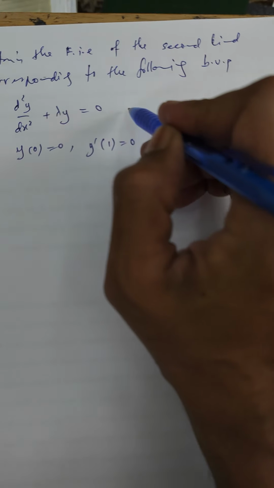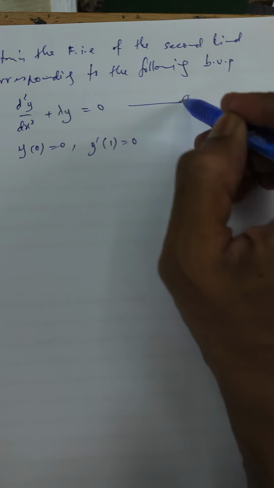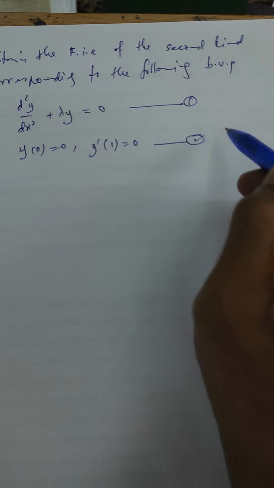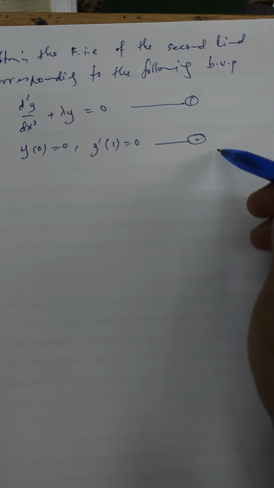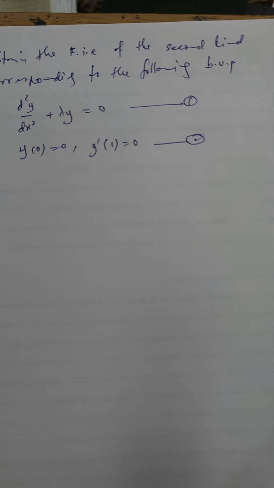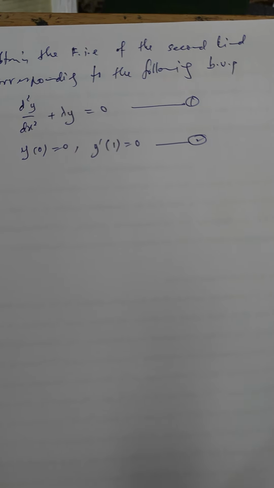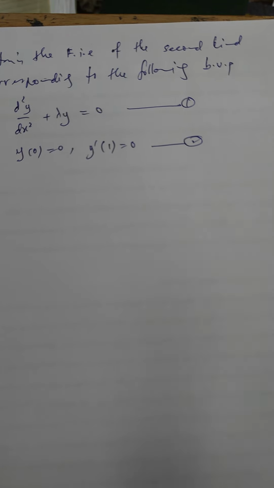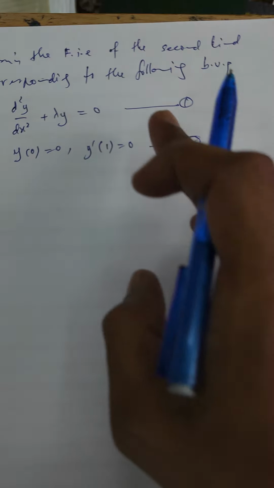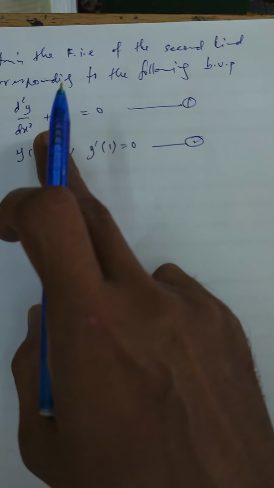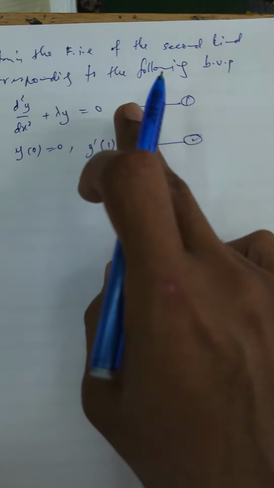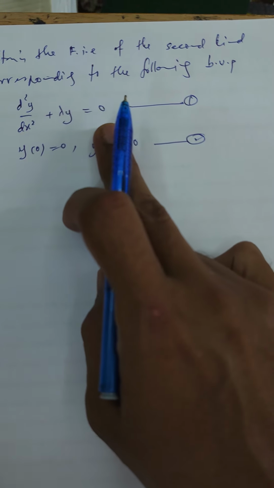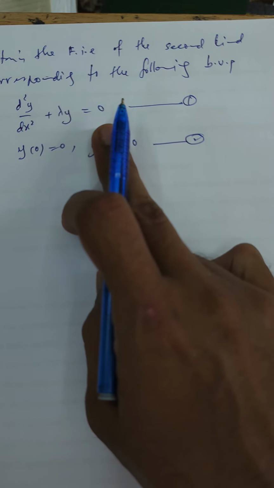So let's give a name. This one we give number 1, we give this number 2. All right, and then you can write this equation. I think this is lambda y equal to x.